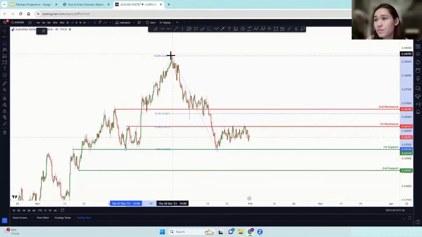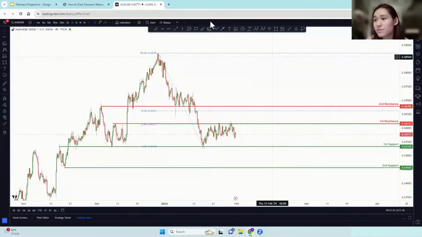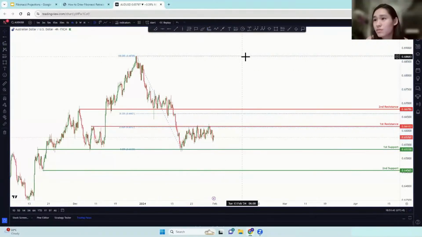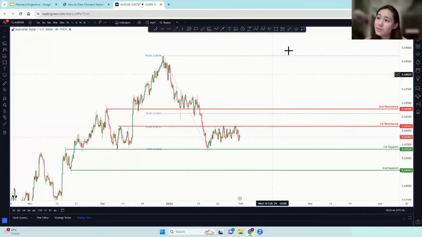We don't have any projections. I think that's all the levels that we have.